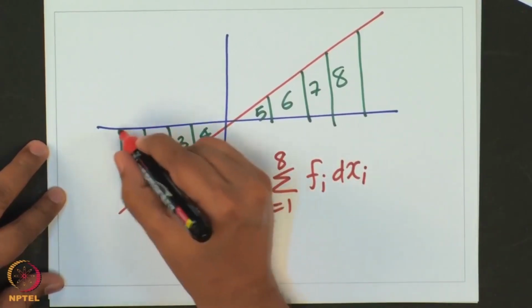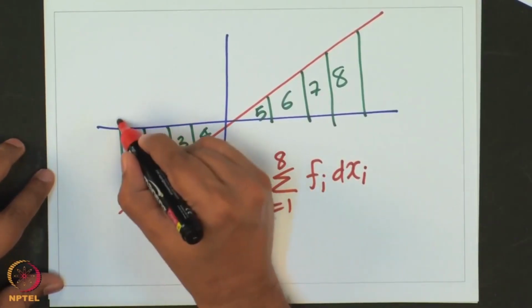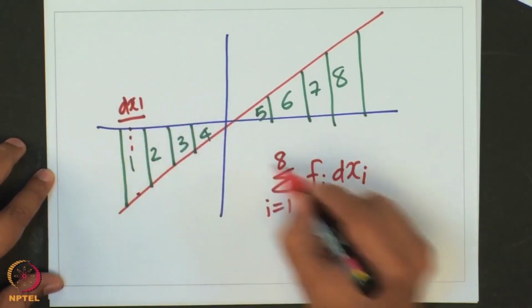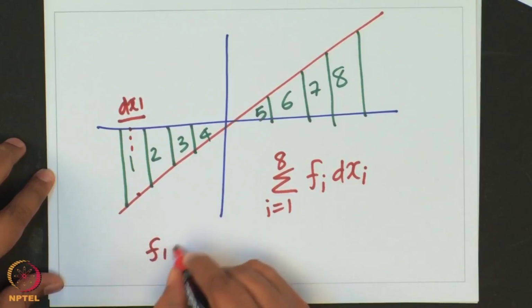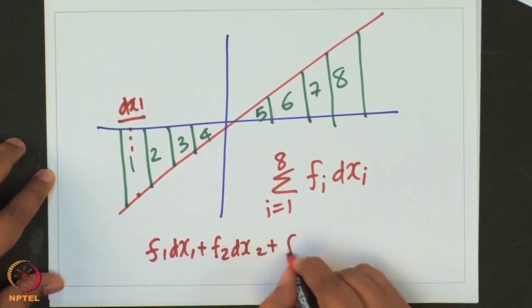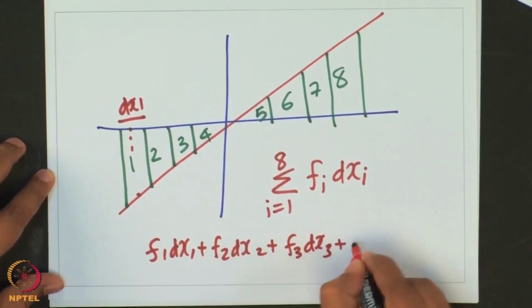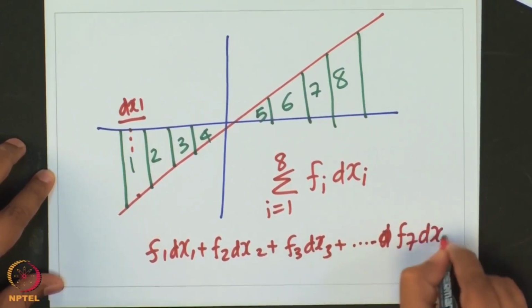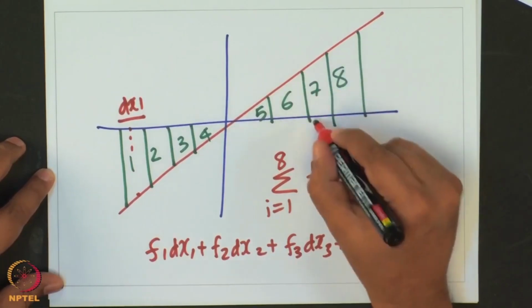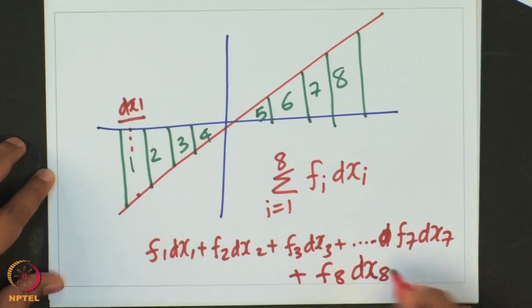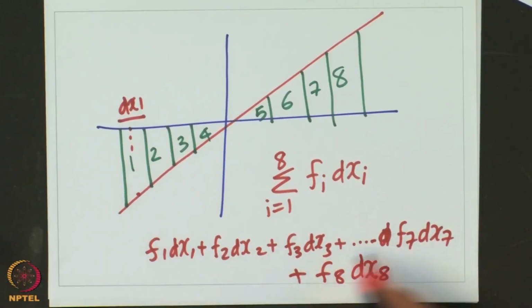I take this first small area, this is my dx1, and the corresponding function value here multiplied: f1 dx1 plus f2 dx2 plus f3 dx3 plus and so on up to f7 dx7, which is the area of this part, plus f8 dx8. This would give us this area approximately.